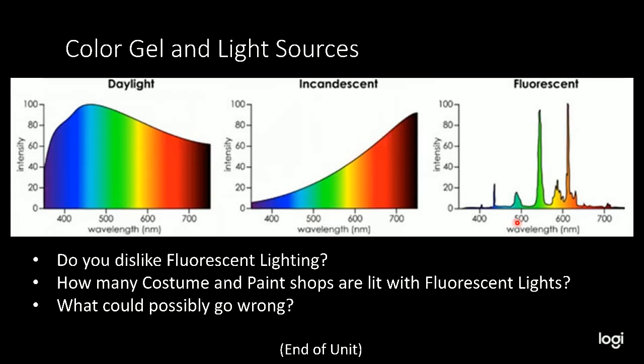What about fluorescent light? Very jagged, very broken, a very incomplete spectrum. There might be a reason why you dislike fluorescent lighting. My question is, how many costume shops and how many paint shops are lit with fluorescent light?